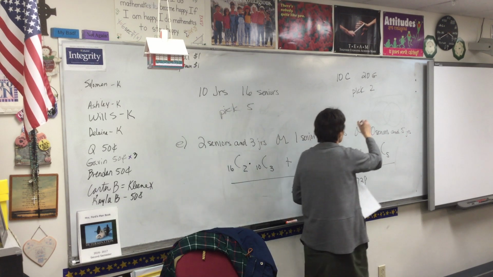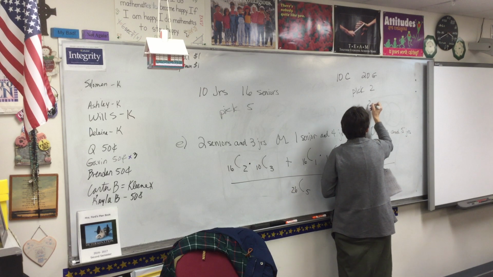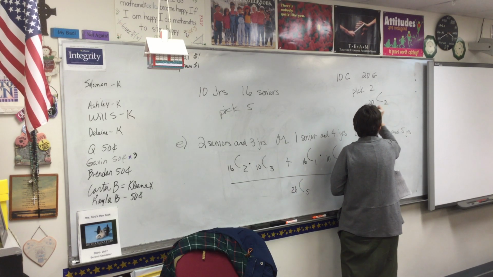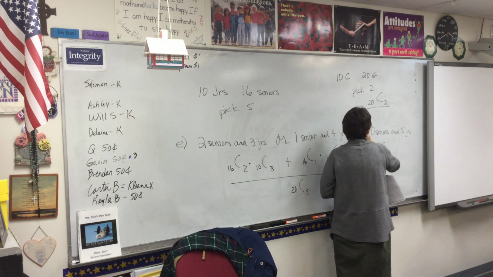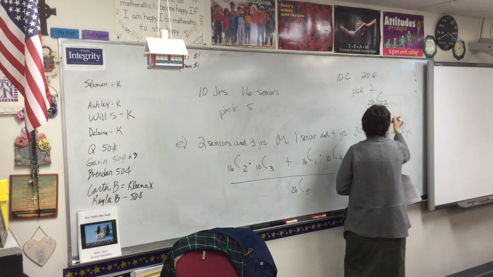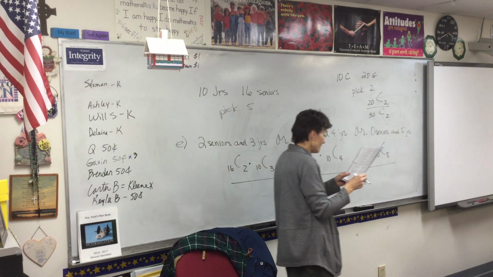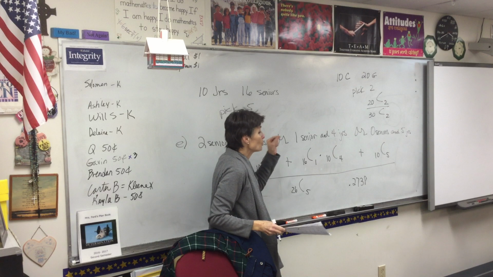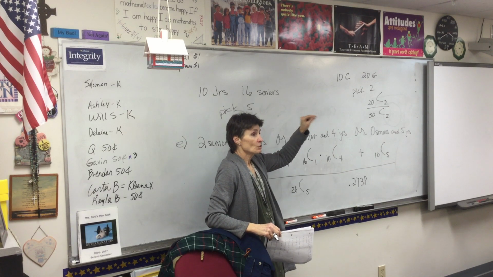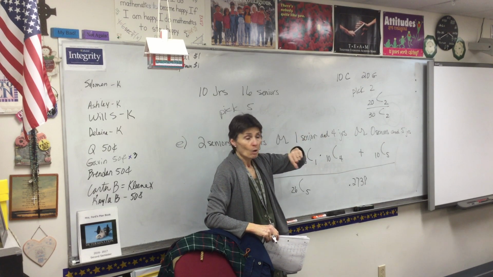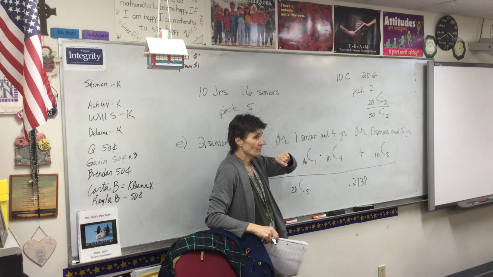What will that look like? 20 C2 over 30 C2. Isn't that the probability? Why is it 20 C2? 20 gumdrops, pick 2. Why is it 30 C2? 30 total candies, pick 2.